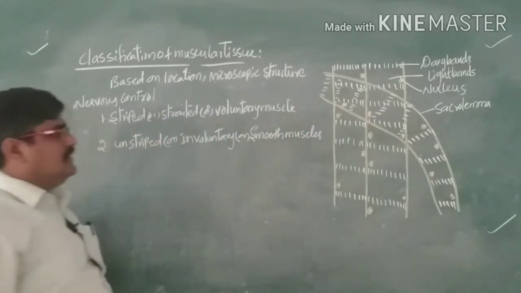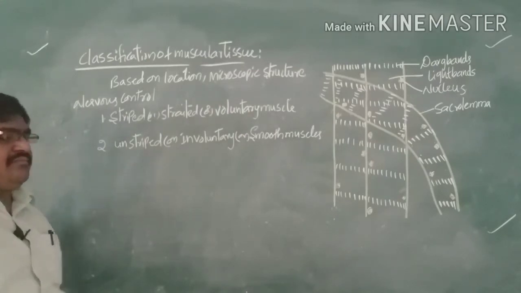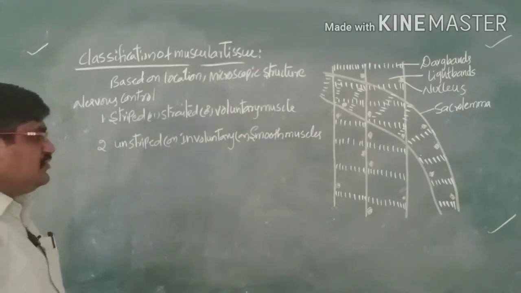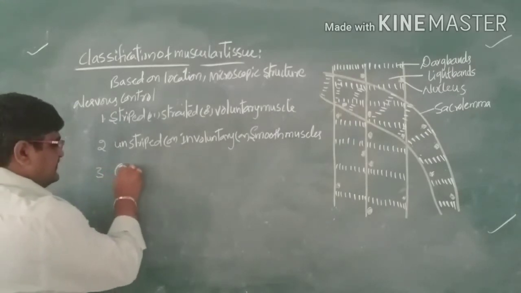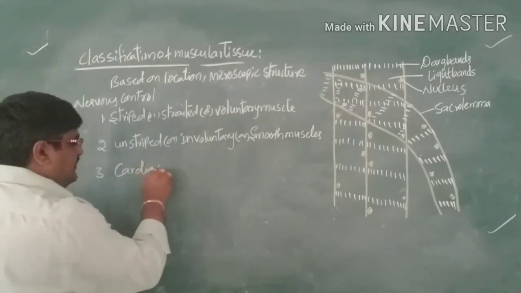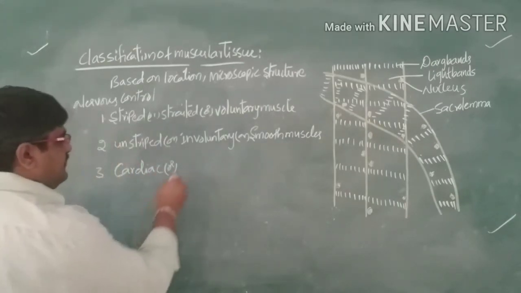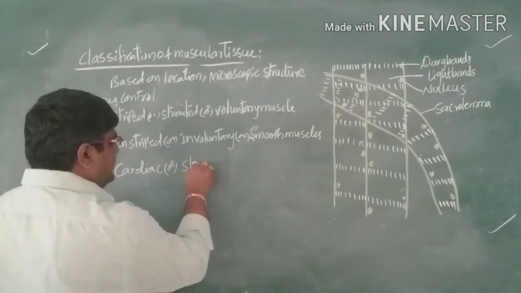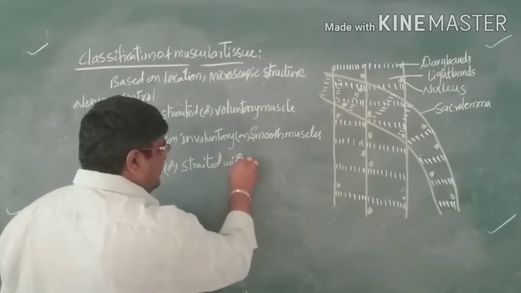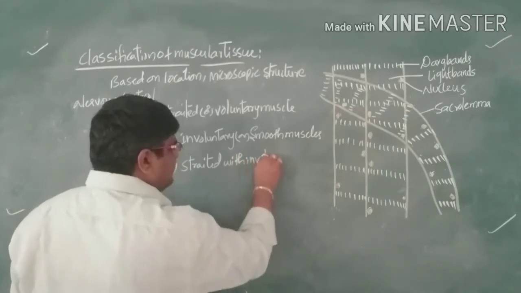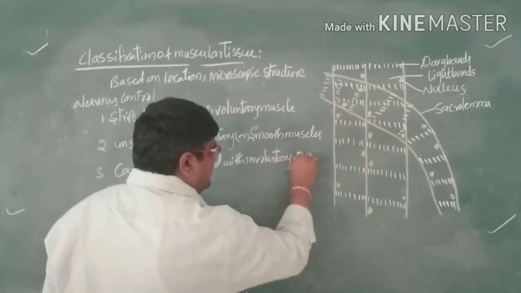So the second one we can call unstriped or involuntary muscles, or smooth muscles, and the third one is the cardiac muscles, otherwise called striped or striated with involuntary muscles.